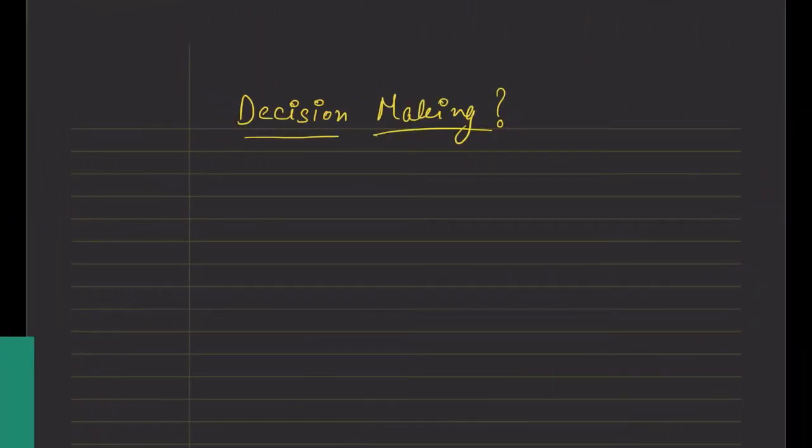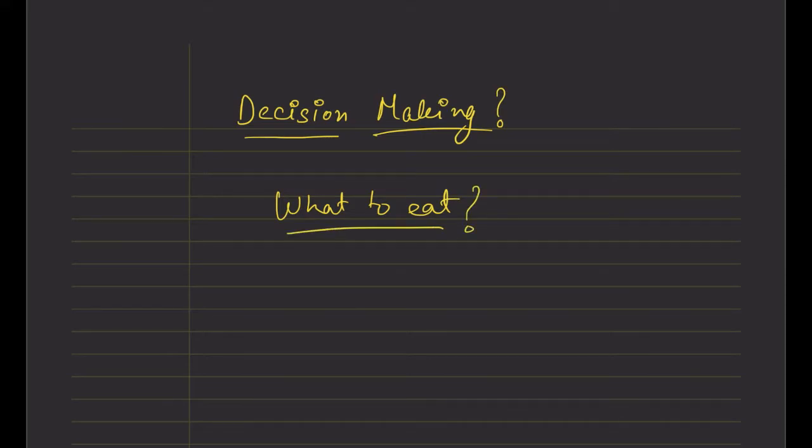So what is decision making? We all take decisions in our daily life. For example, right now I have to decide what to eat. So I'll take a decision on the basis of certain parameters. Every decision has certain parameters.